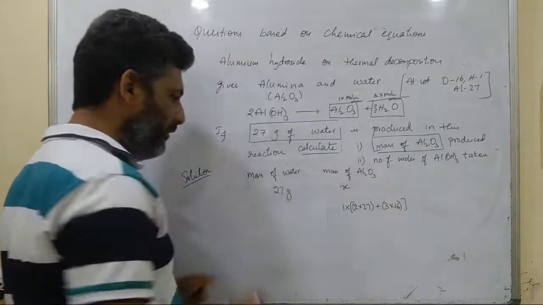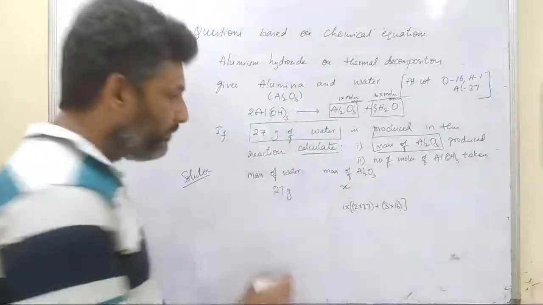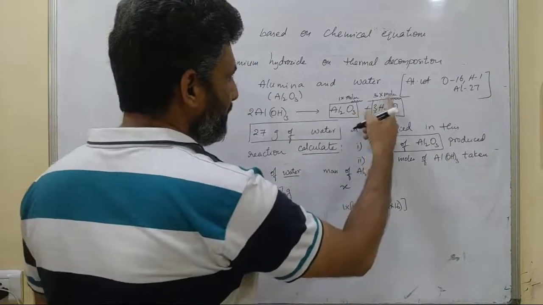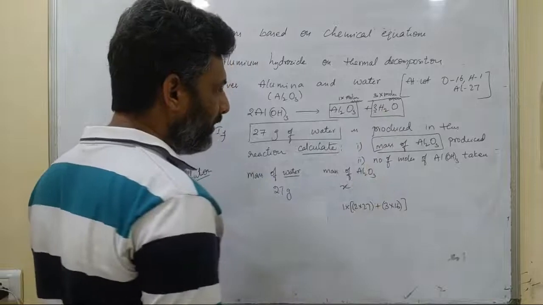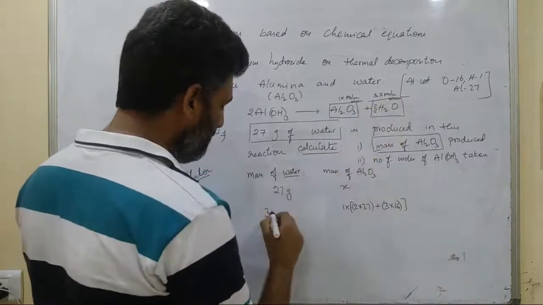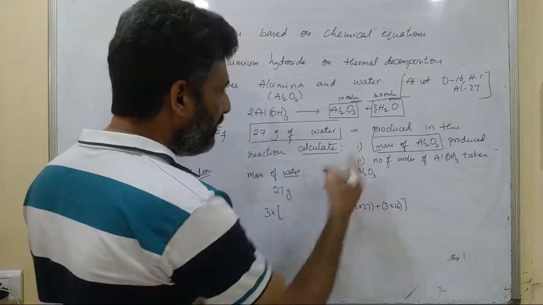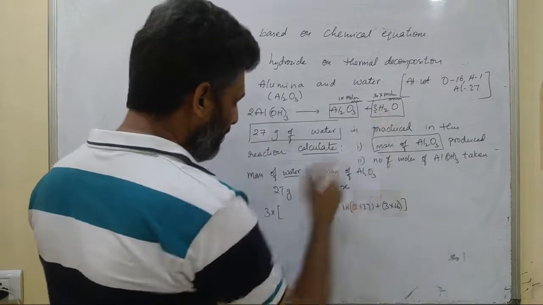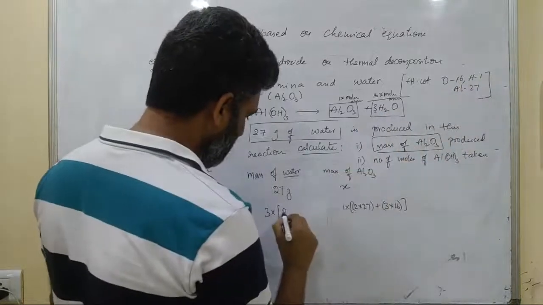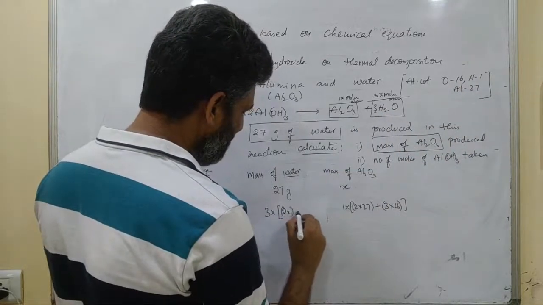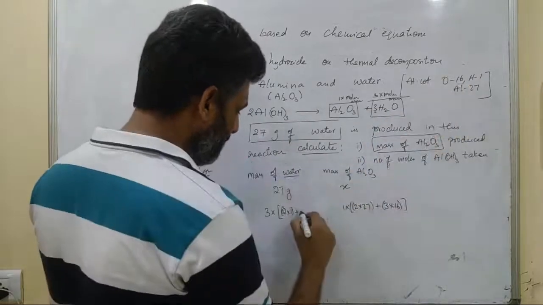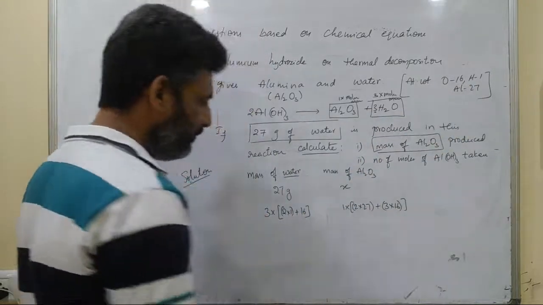So here we have to take water. Water is 3 times H2O, means 3 times its molar mass. So 3 times H2, 2 into 1, plus 1 oxygen, 16.